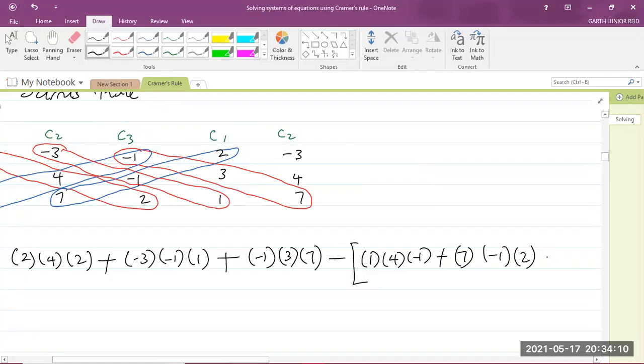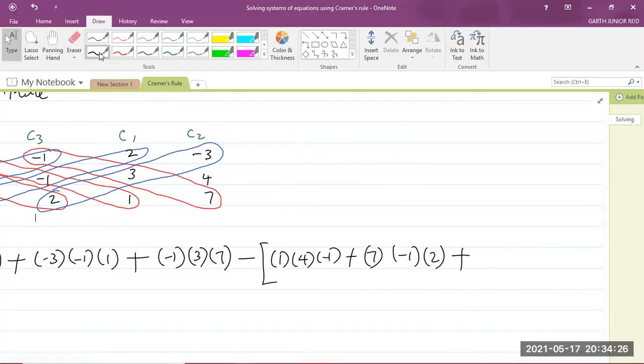Plus there's one more diagonal. That is 2, 3, -3. So I'm going to multiply those elements together: 2 times 3 times -3.